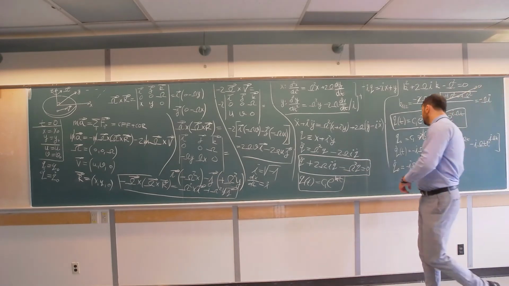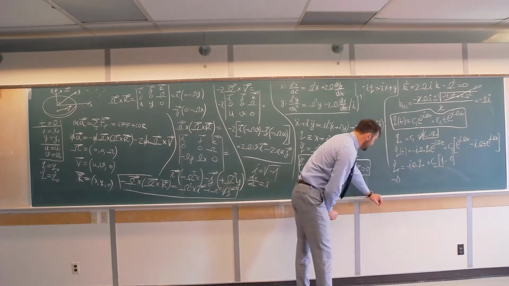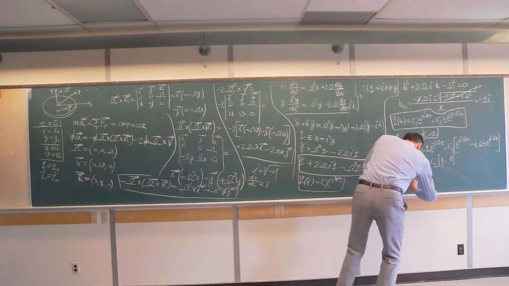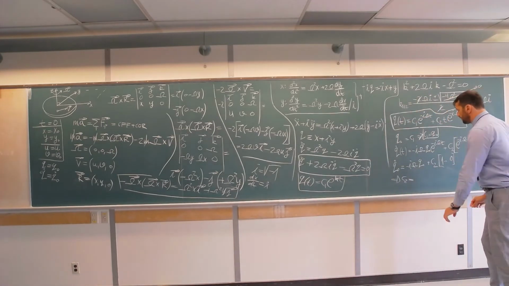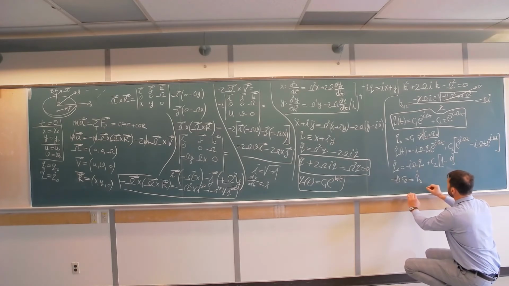So from here, we can conclude that this constant C2 is equal to Q naught dot plus I omega Q naught.